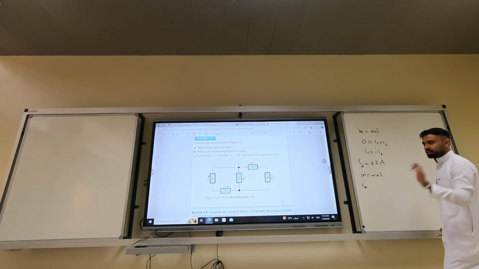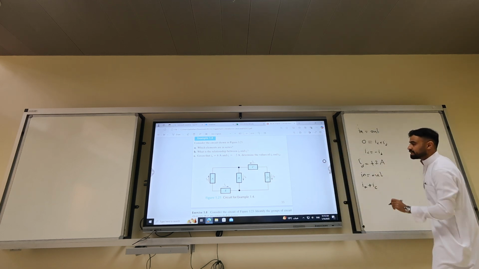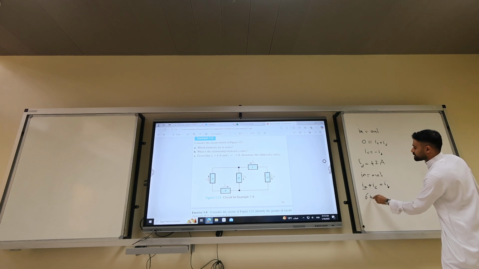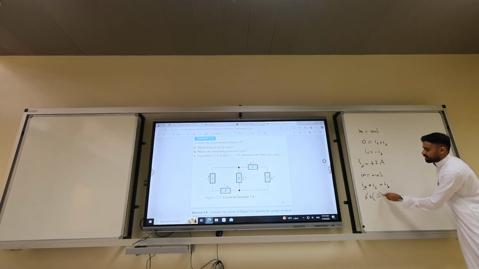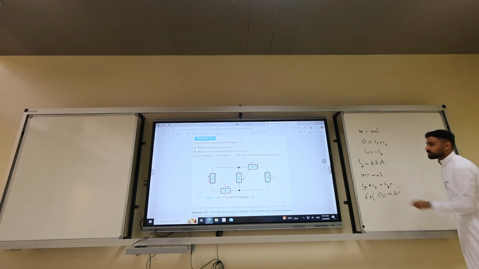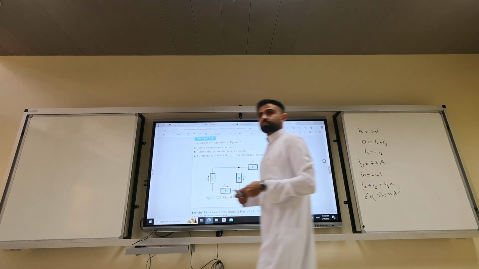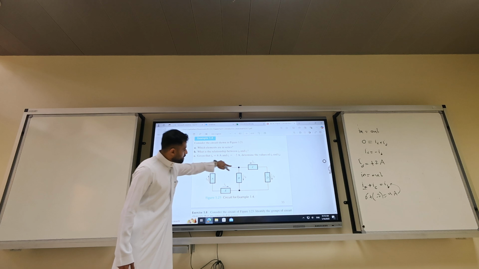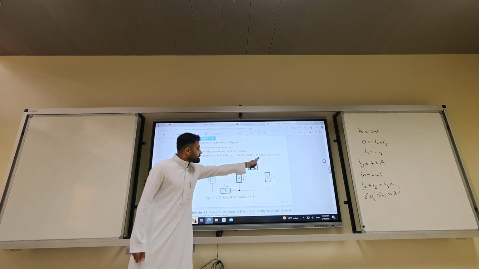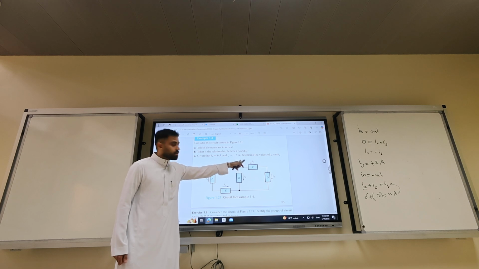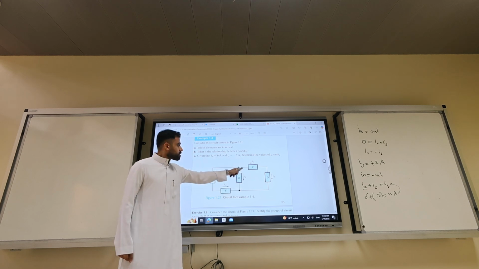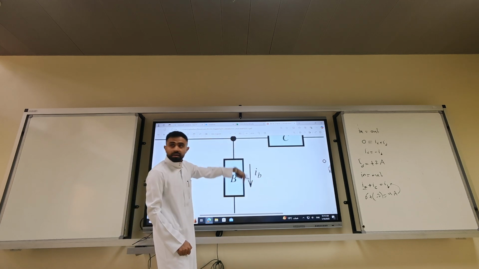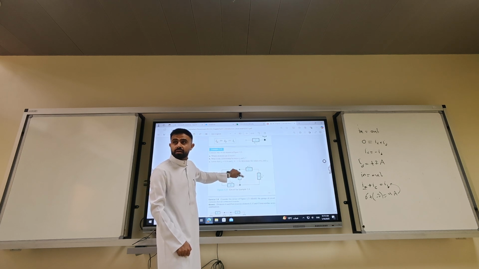Say IA, just write the letters first, plus the variables. IA plus IC equal to IB. What is IA? 6. Plus, what is IC? Minus 2. So you get the answer to be 4 amps, which is IB. No, IA, the arrow is entering the node. IC is entering the node. In. IB is leaving that node. IB is leaving. Get it? Clear?